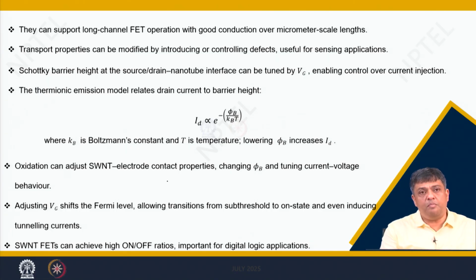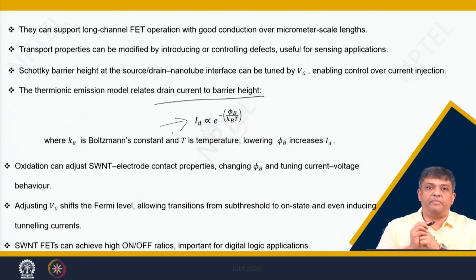If you consider the thermionic emission model that relates the drain current to barrier height, you can find out that ID would be proportional to e raised to the power of minus phi_b by k_B T. Hence, what you can clearly understand is that by changing phi_b you can change ID, and the oxidation can also adjust SWNT electrode contact properties, and that can also change the value of ID.